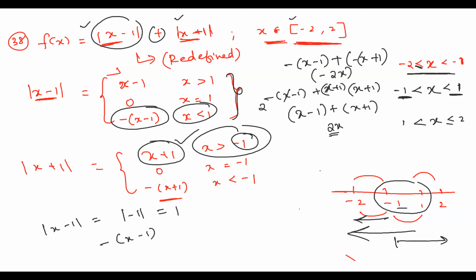Did you guys write down the function which I broke? That part you have written. Can you tell me those parts alone? See, mod of what is the question? mod of x minus 1, mod of x plus 1, right?